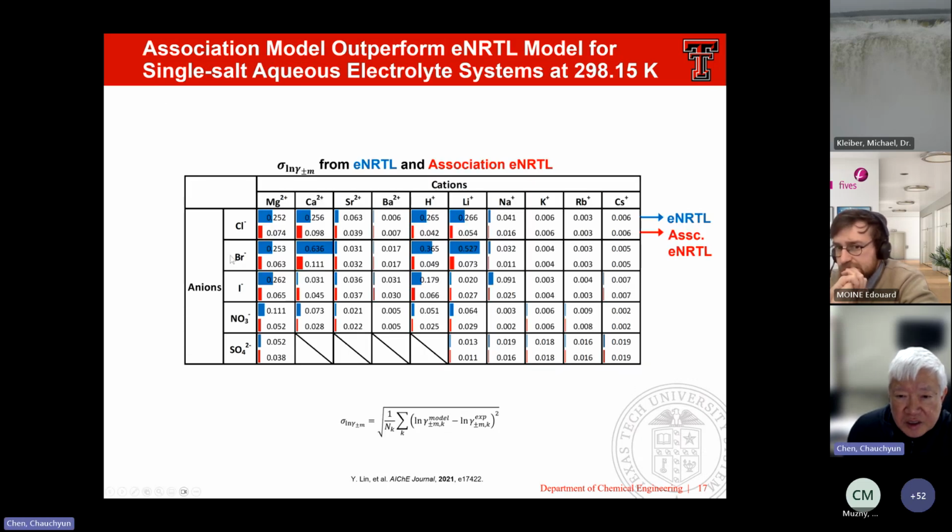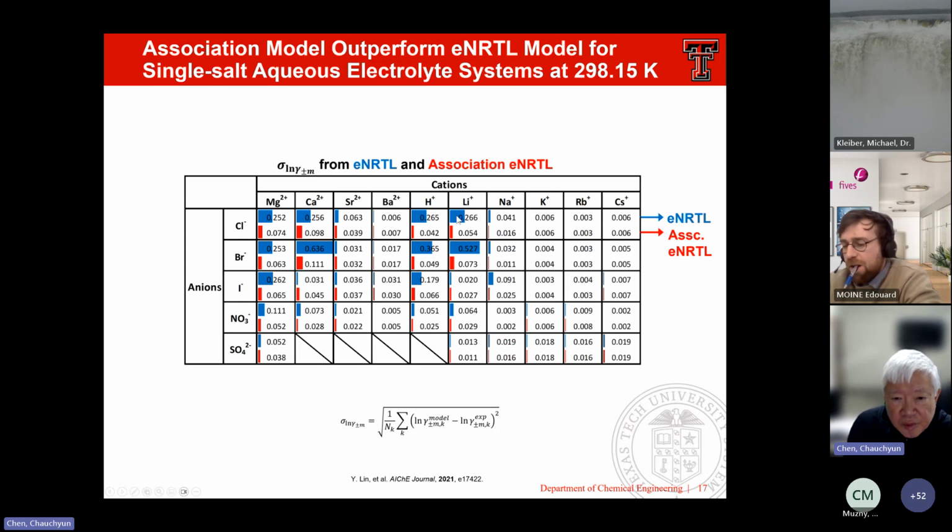With that, we found that indeed the association NRTL model provides major improvement over NRTL. For many of the electrolytes, such as potassium and cesium and so on, with different anions, NRTL works very well without a problem, and so does the association NRTL model.